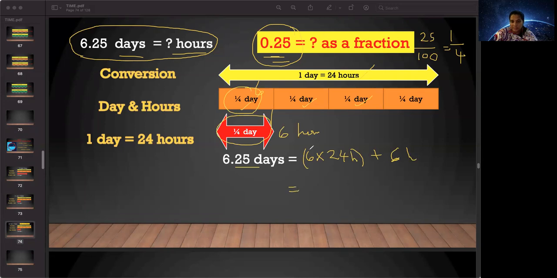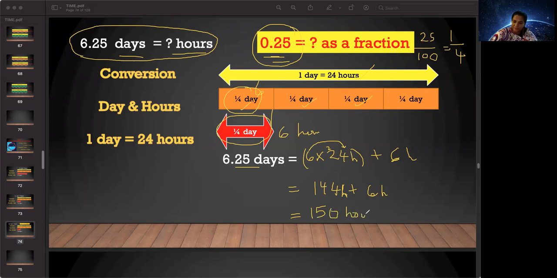Now you can do this multiplication mentally. 6 times 4, 24. So you write your 4 and you carry up your 2. 6 times 2, 12. 12 plus 2, 14. So here you have 144 hours plus 6 hours. And that will give you a total of 150 hours.